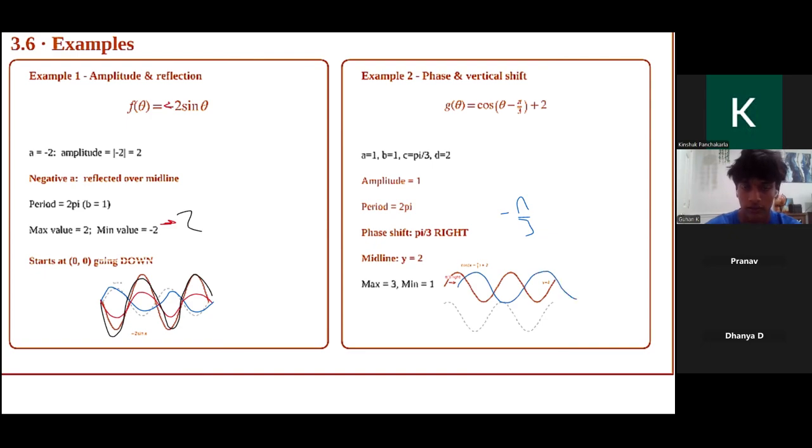And then we have the plus 2. We're going to show in red. It would go like that. And that's assuming this is the parent graph, by the way, the brown. Okay.